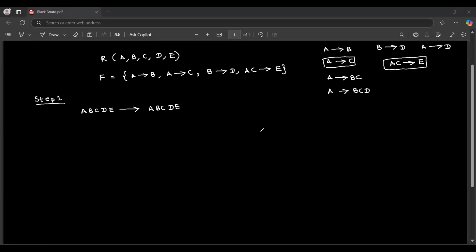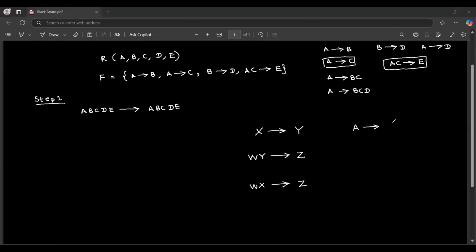According to pseudo transitivity, if X functionally determines Y and WY functionally determines Z, we can say WX functionally determines Z. This is the pseudo transitivity rule. Check here.